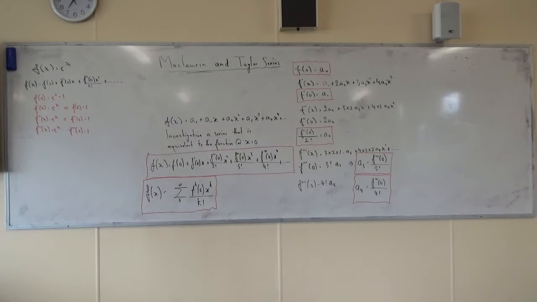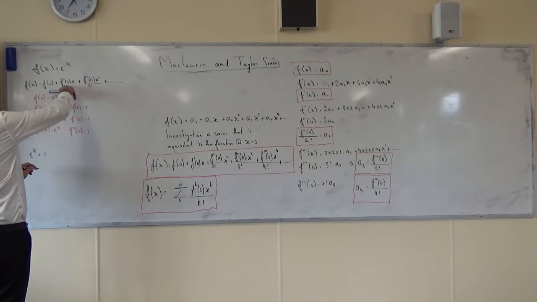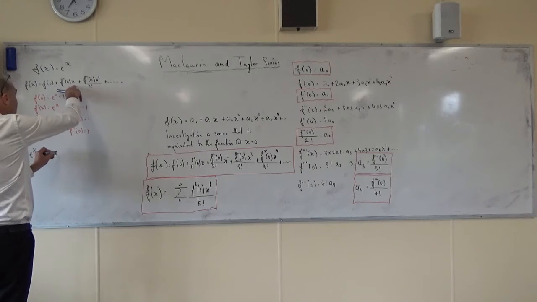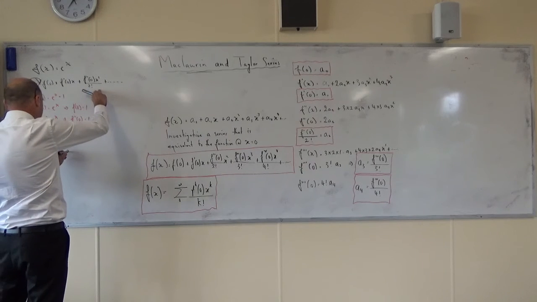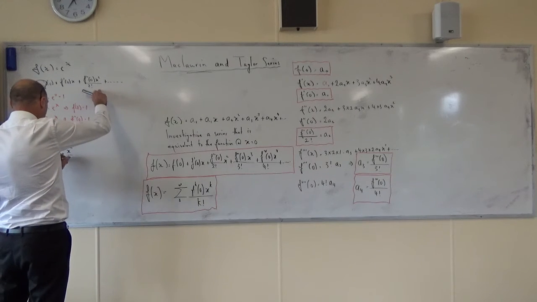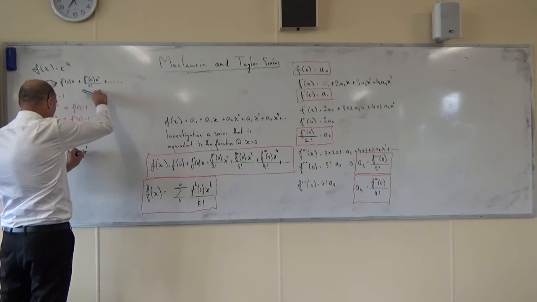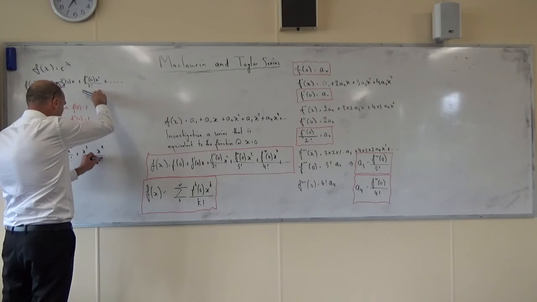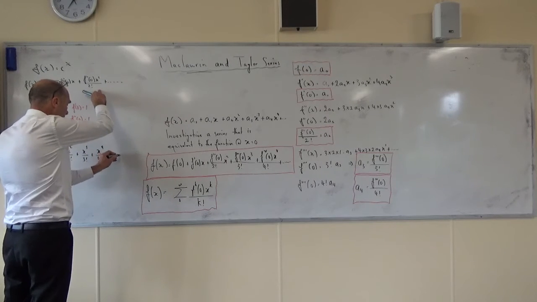So very quickly, I think you can see we can write a Maclaurin series for e to the x. What is the Maclaurin series for e to the x? e to the x is equal to 1 plus 1 times x, plus 1 times x squared on 2 factorial, plus x cubed on 3 factorial, plus x to the power of 4 on 4 factorial, plus dot dot dot.